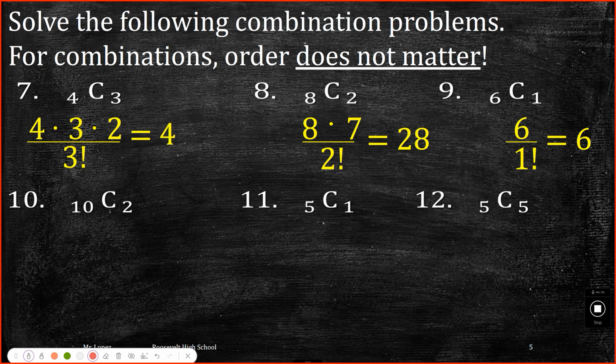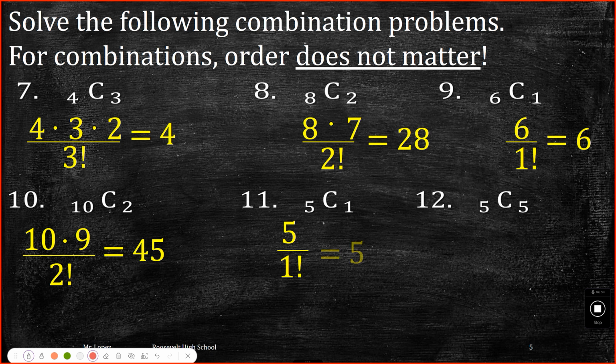Ten combination 2. 45. 5 combination 1. 5. And 5 combination 5. What is it? It's 1.